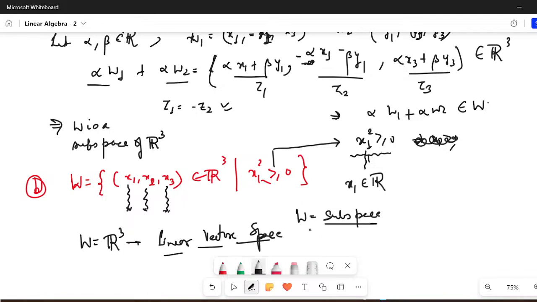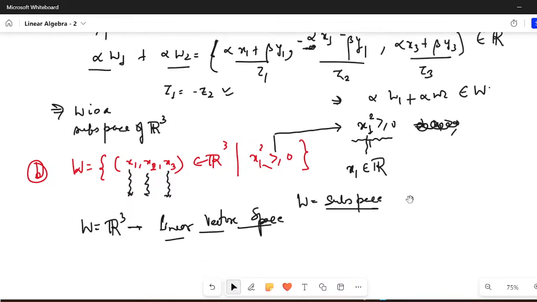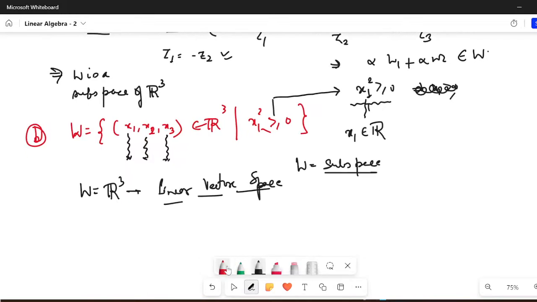So clearly W is a subspace, you can say that this is a vector space in its own right. Is that clear or not clear? Please let me know.